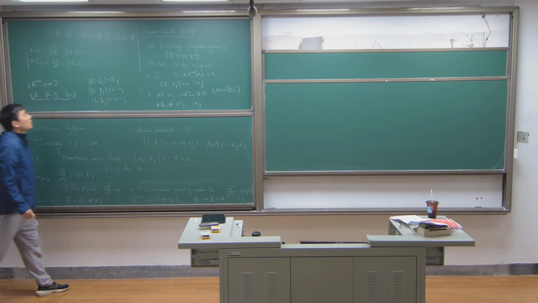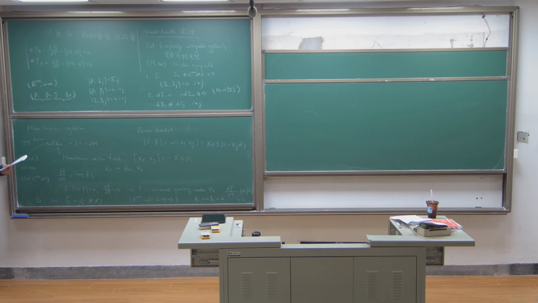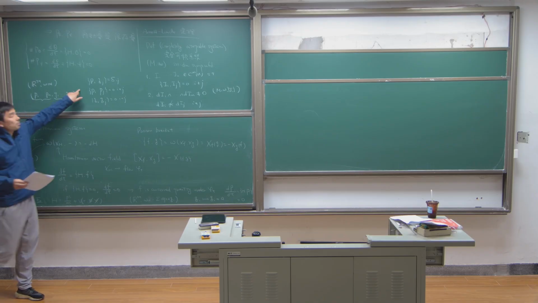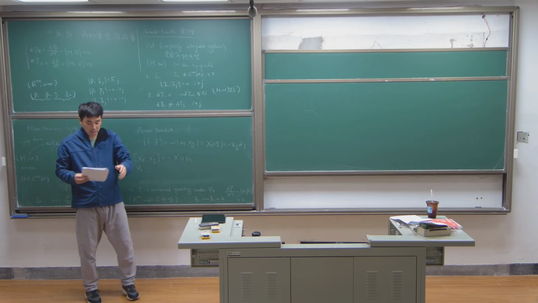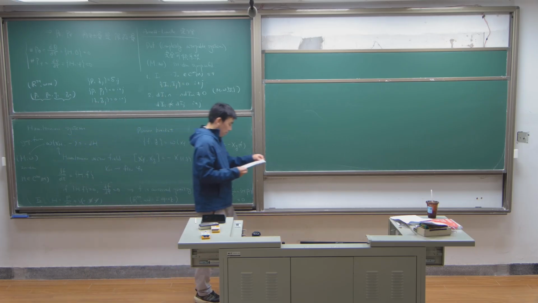Okay. So the maximum number of Poisson commutative functions is n. But if there exists such functions, it's called a completely integrable system.